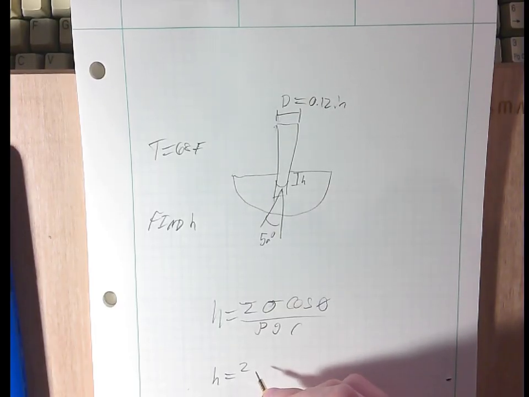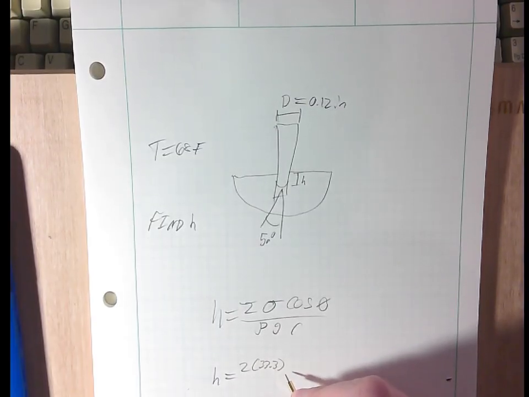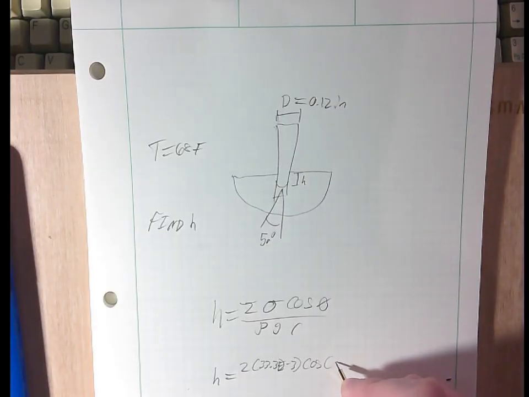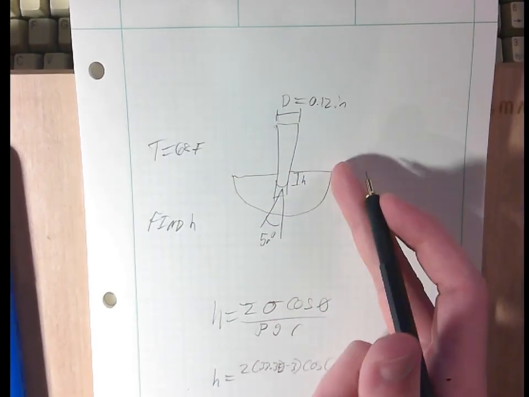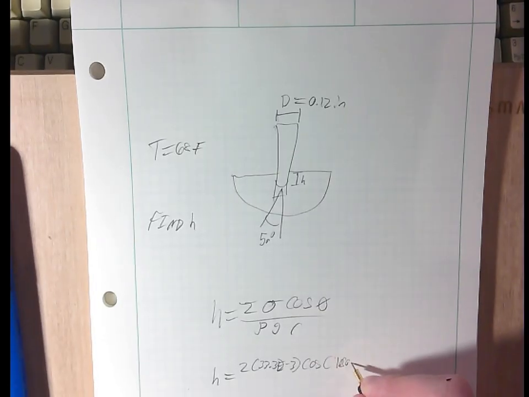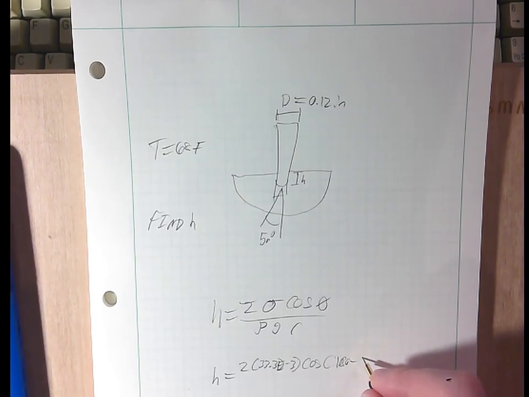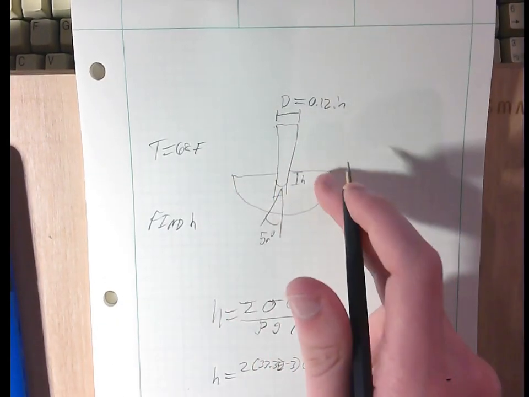That's in newtons. We want it here, so this is going to be 2 times 33.3 e to the negative third, cosine of, I think this is going to be 180 minus 50. It would be 90 minus 50 though. Let me check later. I think it's 180 minus 50.